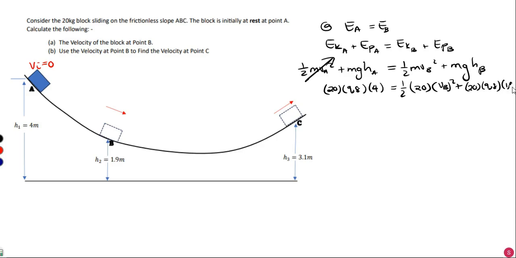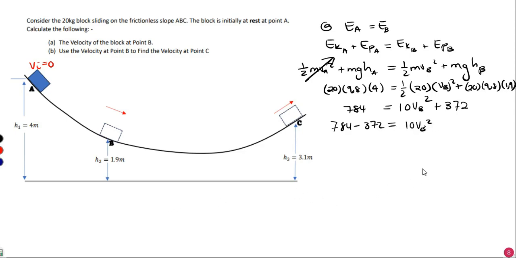It's 1.9. So this gives us a total of 784, which equals half times 20, simply 10, velocity of B squared plus 372, right? Transpose that term, we have 784 minus 372, which equals 10 v_B squared.